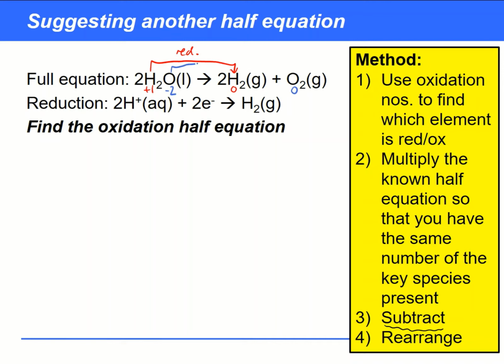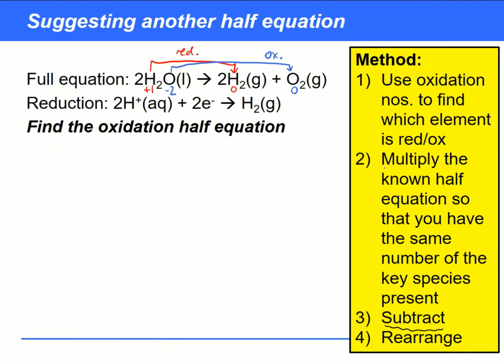You can check my working there, and I haven't put the right numbers of each, but that's basically what's going on. So the reduction process does indeed involve hydrogen, but the point is therefore that hydrogen won't occur in the oxidation equation. Now if we do a straightforward subtraction of these, we can see that we've got two hydrogens in the full equation. We're only going to get rid of one of them by subtracting here.